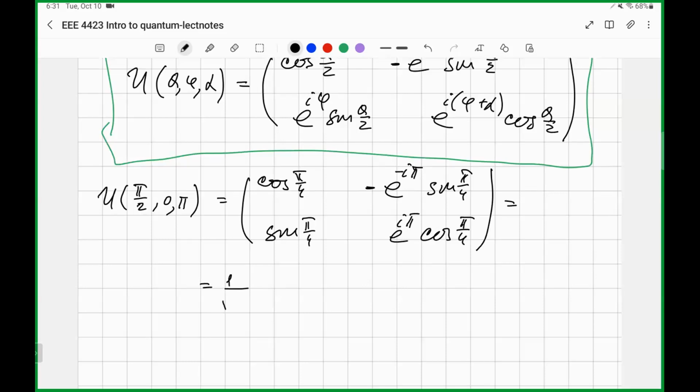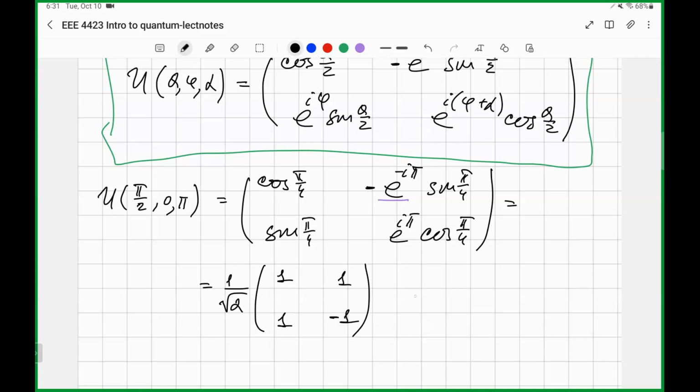So we take 1 over square root of 2 from the matrix as a common factor. 1 is here. Then this exponential, e to the power of minus i pi, equals minus 1, with the minus it's plus 1 here, and this one is minus.